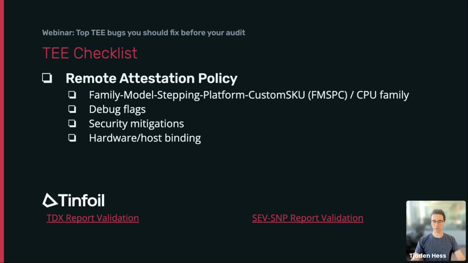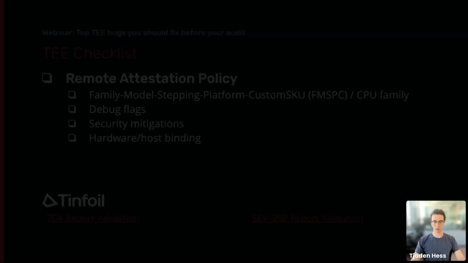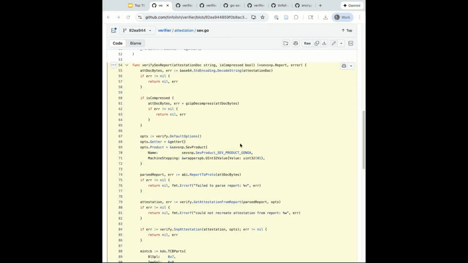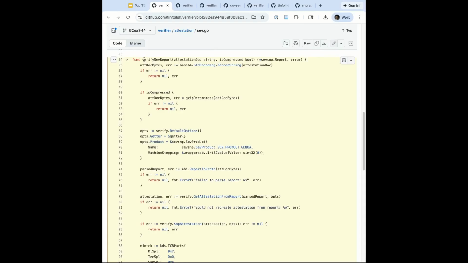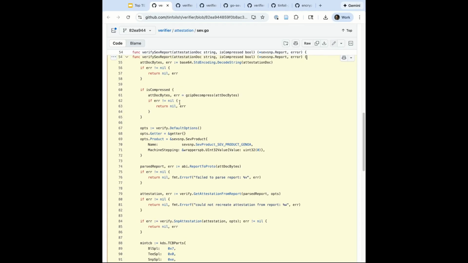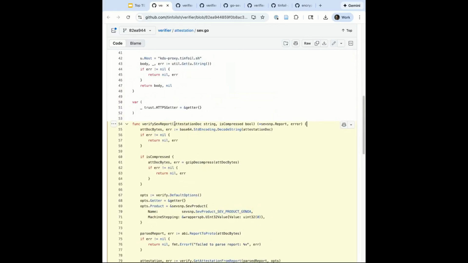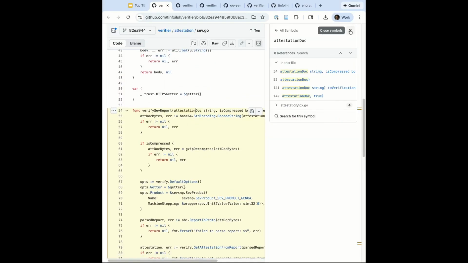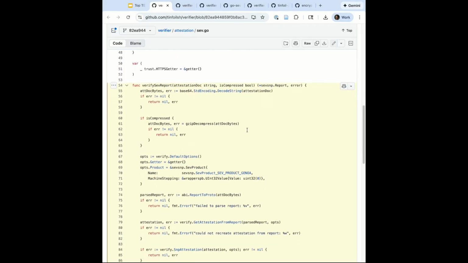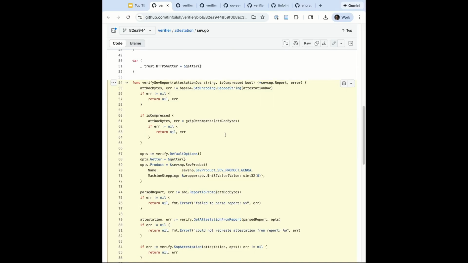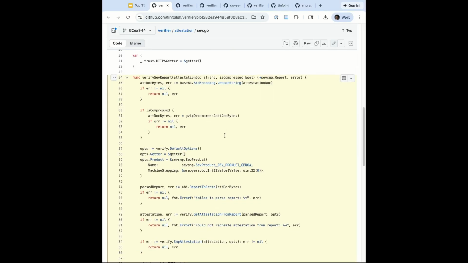So we're going to jump in and share exactly how Tinfoil does SEV-SNP report validation. This is the AMD version of confidential computing. You get a document, and you can assume this document is signed by a chain of certificates that goes up to a public key root that is owned by AMD.